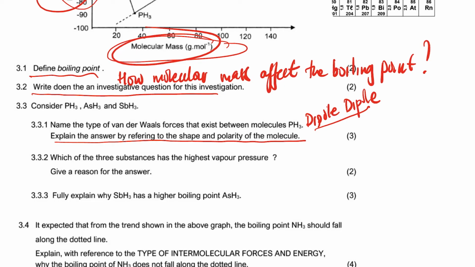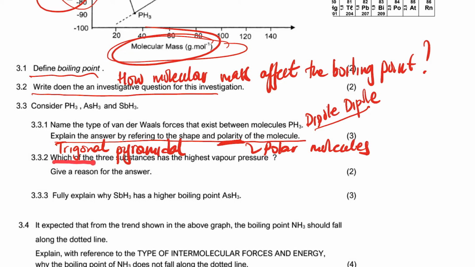The shape of this molecule, as I've explained there, is trigonal pyramidal, and the polarity of the molecule is polar. Guys, it's exactly the same as ammonia. The ammonia NH3 is polar, but it has hydrogen bonding as the intermolecular force.